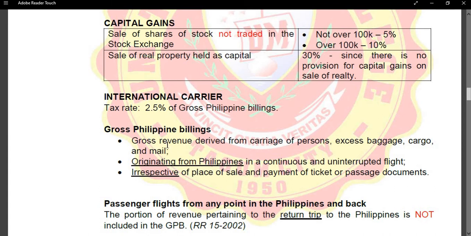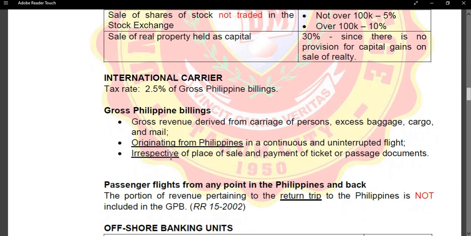And gross Philippine billings is the gross revenue derived from carriage of persons, excess baggage, cargo, and mail. It must be that the transport originates from the Philippines in a continuous and uninterrupted flight, irrespective of place of sale and payment of ticket or passenger documents.